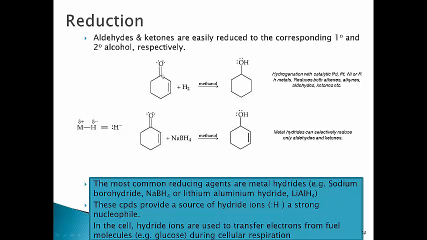When we do that, we reduce the ketone to the alcohol, and we also reduce any double bonds or triple bonds that are in that molecule. So if we have a carbonyl and an alkene, we would reduce that down to an alkane and an alcohol if we used hydrogenation with a metal catalyst and hydrogen gas.